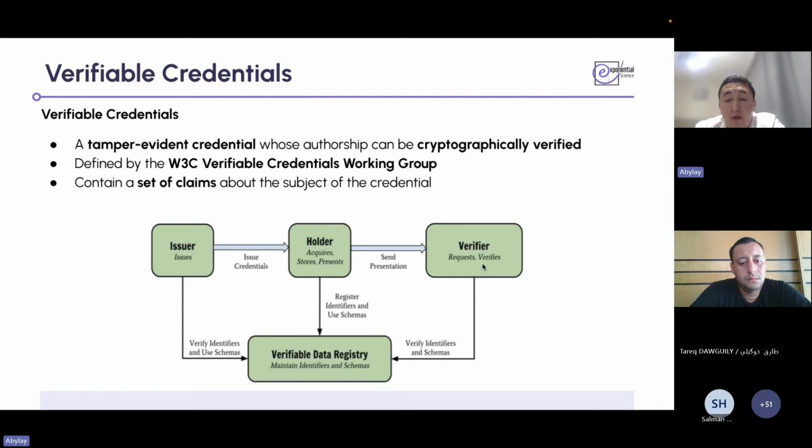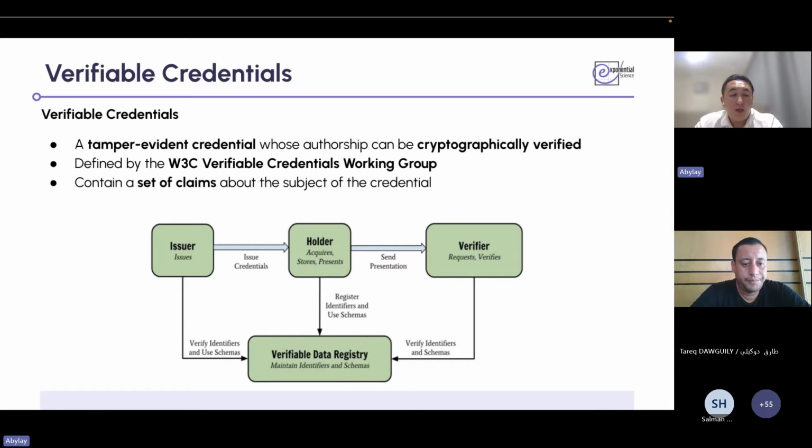The verifier verifies identifiers and credentials by checking a verifiable data registry. A blockchain could be a verifiable data registry, or any other distributed database could potentially be one.